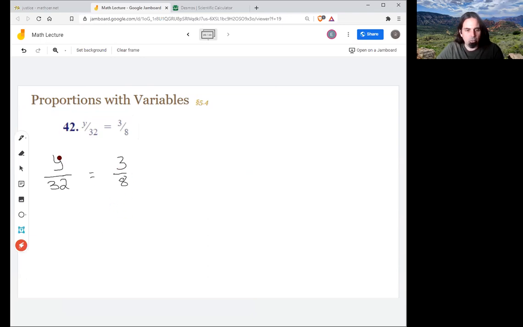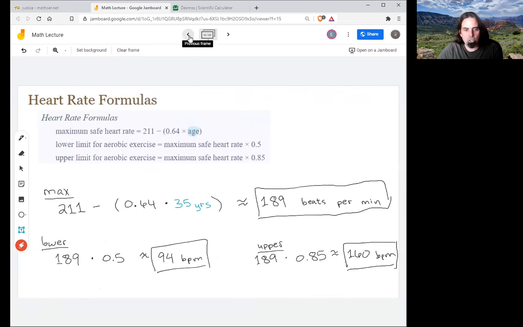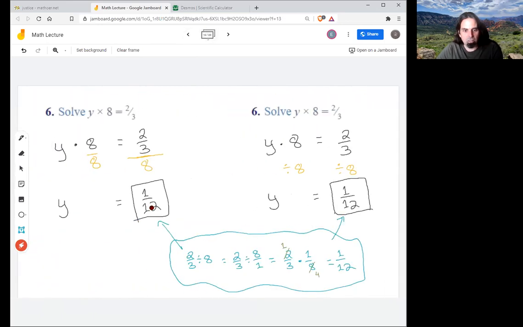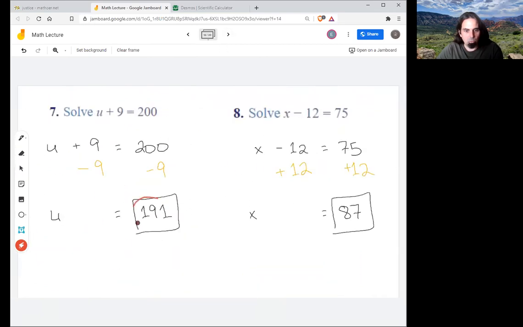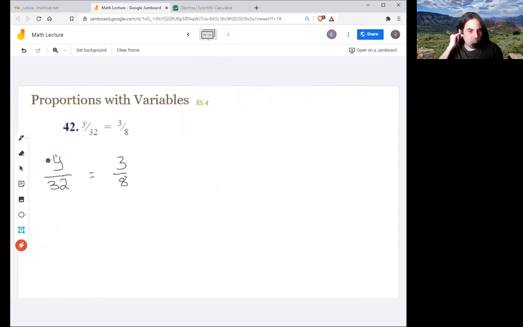I'm saying there must be something that I can plug into y, just like earlier in class. We could plug something into age, or plug a 12 into y to check it, or plug 191 into u to check it, right? Plugging things in is a common theme. There's something that I can plug into y to make this true. I'm not wondering if it's true. I'm going to force it to be true. So what works for that?